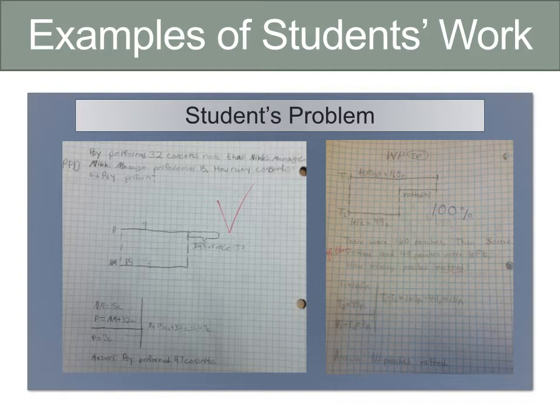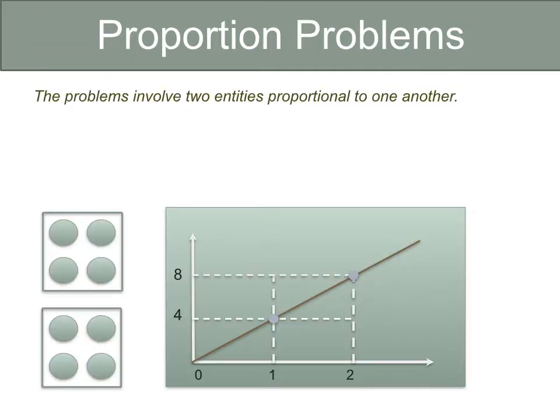After our students become fluent with the 3 types of problems, we introduce proportion problems. All the previous problems had only one type of units, balloons. Proportion problems cannot be created without involving a second type of units, because by its nature, proportions involve 2 entities that are proportional to one another.